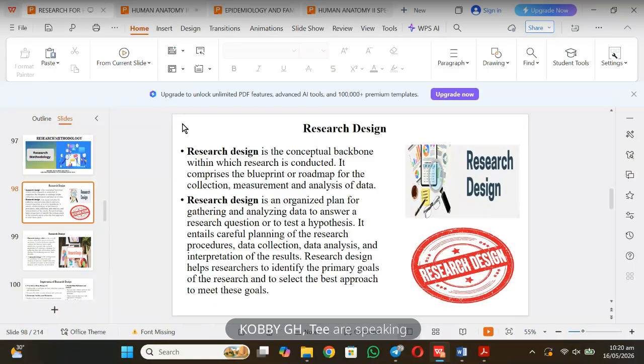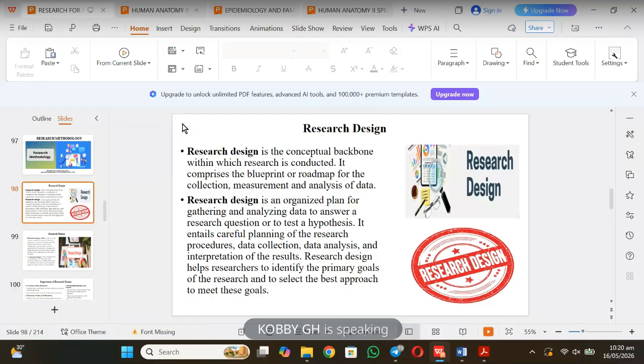Or you want to do a study, but you don't intend to measure numbers. So look at the definition. Anytime you want to do a study to understand the experiences of people, that is one. You want to do a study to measure the behavior of people, that is two. You want to do a study, but you don't want to collect data in numbers, then it means you want to do a qualitative study.